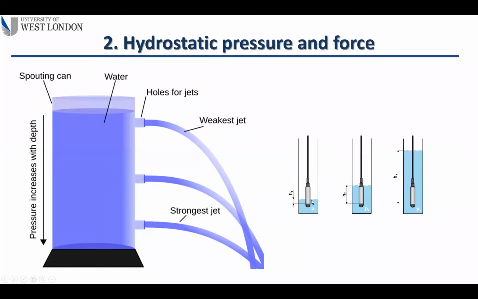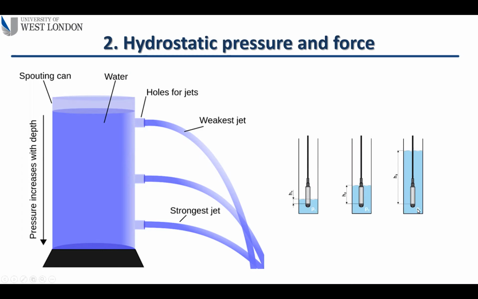With this background, let's look at the pressure logger. If you have a pressure logger and different depths of water in these tubes, you can see here the depth of the water at the point of measurement is H1 with pressure P1, compared to the situation where the depth of the water above the point of measurement is H2, which is denoted by P2. P2 is the pressure and the depth of the water is H2.